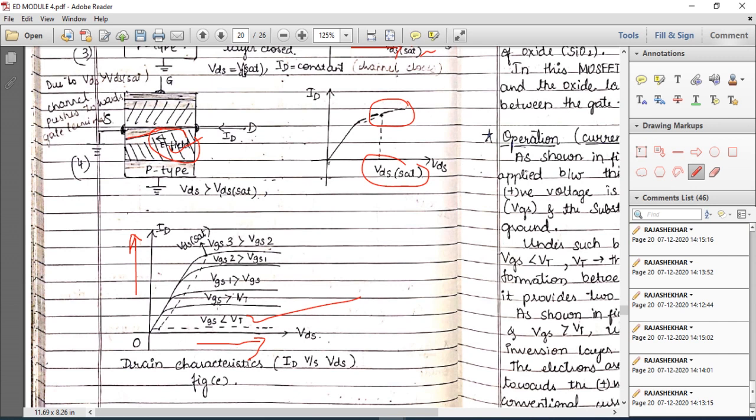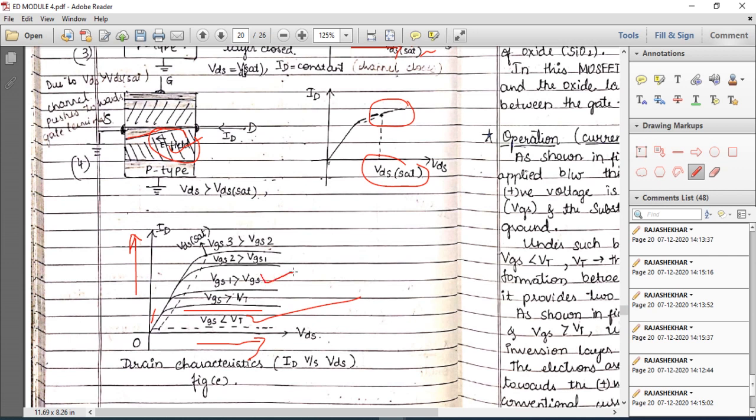Once VGS is greater than VT, the drain current increases. But if I increase VDS, it becomes constant. If I keep VGS at a particular value and increase VDS, this is the maximum current that flows, and then it becomes constant. Suppose I increase VGS, so that VGS2 is greater than VGS1.